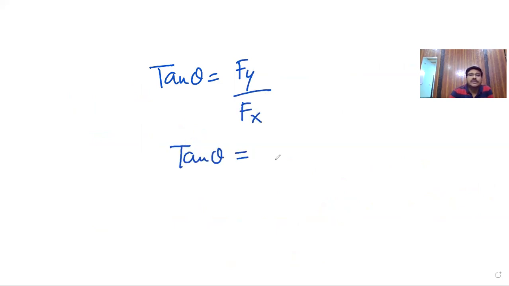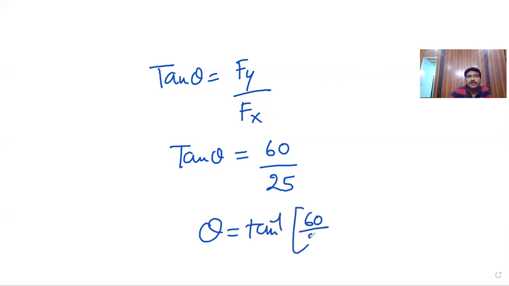Fy is 60 units and Fx is 25 units. So theta is tan inverse of 60 by 25. This is the answer. Clear? Okay.